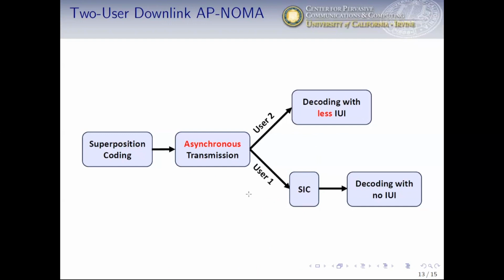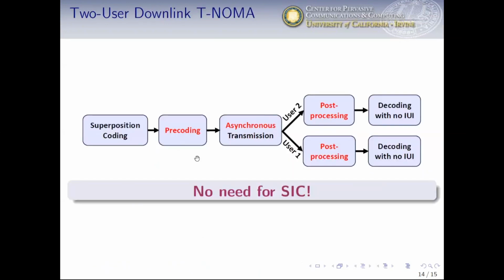However, for downlink, since we have access to the signals of both users, we can design pre-coding and post-processing techniques in addition to asynchronous transmission to remove the inter-user interference from the signals of both users. And there's no need for successive interference cancellation if you use these pre-coding and post-processing techniques.